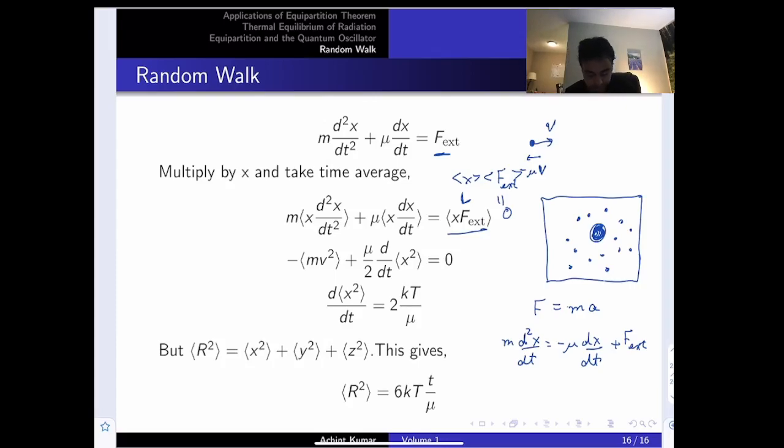The second term can be written as d/dt of x squared. The first term, after you do some simplification, you basically use the fact that x times d2x by dt squared is equal to d/dt of x times dx by dt minus dx by dt squared.